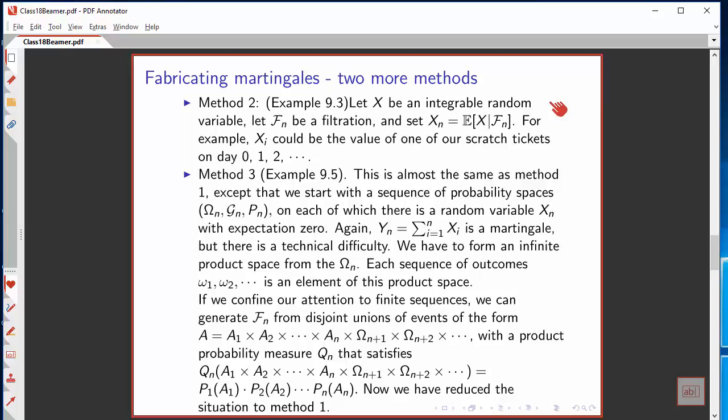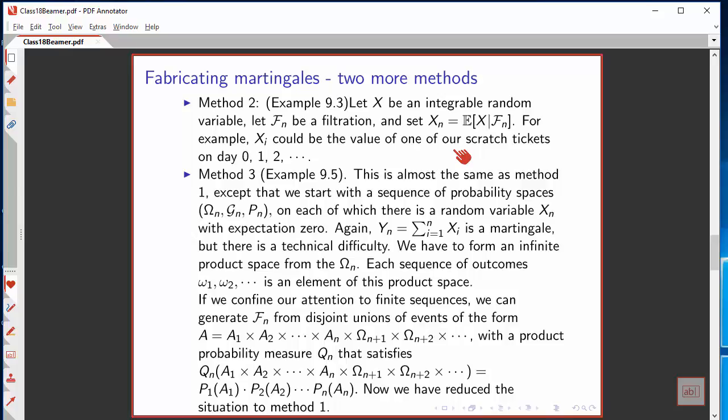Another way is we've got a random variable x, we have a filtration, and we set the random variable x sub n to be just x conditioned on f sub n. This is exactly what we've been doing with our multi-step scratch tickets.